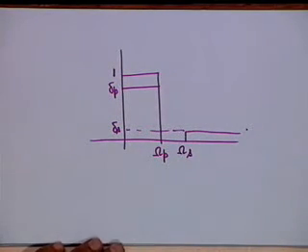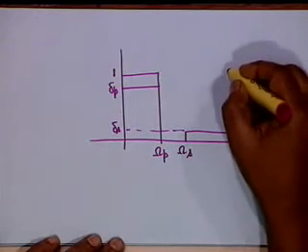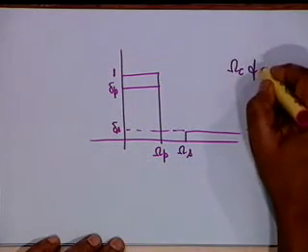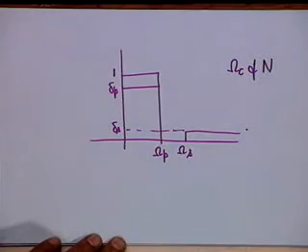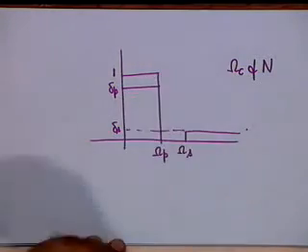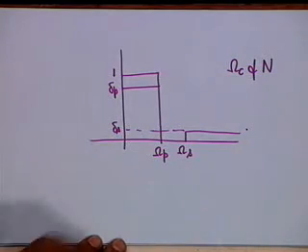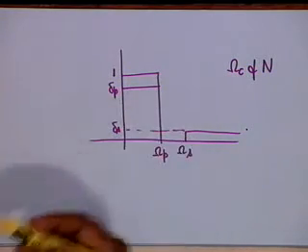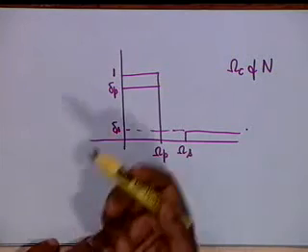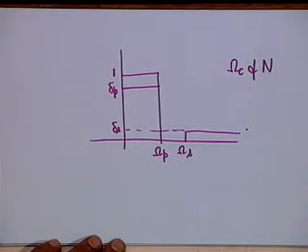So, how do you determine? Now, you have to determine two things, omega c and capital N. This is arbitrary. The tolerance can be 1 dB, for example. If it is 3 dB, then you know delta p is 0.707 and omega p is the same as omega c.